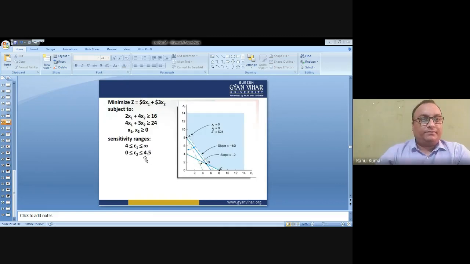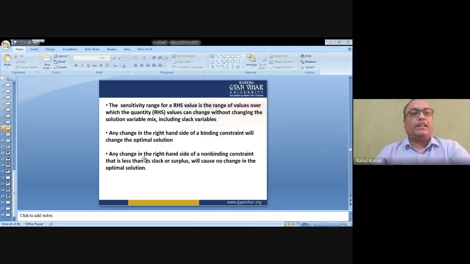So the sensitivity case: the sensitivity range for the right hand side value is the range of values over which the right hand side quantity can be changed without changing the solution variables, including slack variables also.